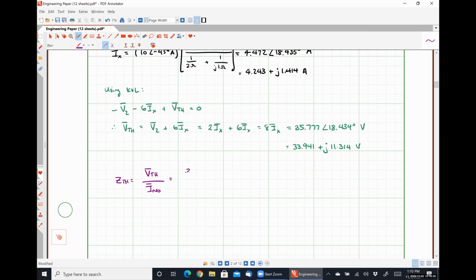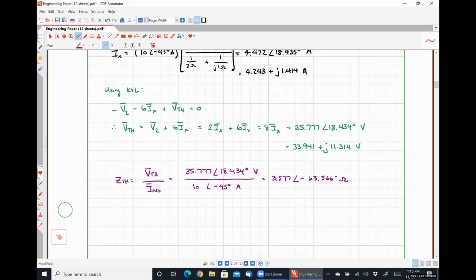So that is going to be 35.777 angle 18.434 degrees volts divided by 10 angle negative 45 degrees amps, which is going to be 3.577 angle, let's see, negative 63.566 degrees.